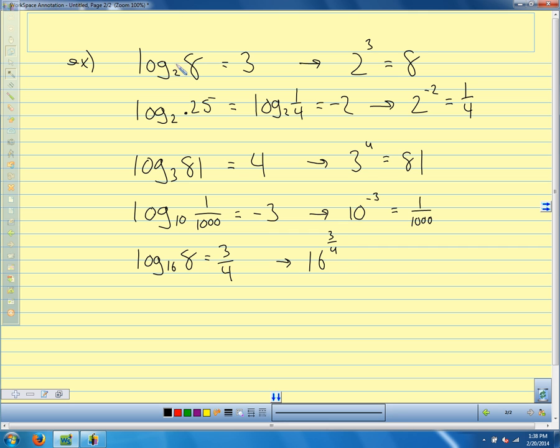All right, so what we've written in this column is called logarithmic form. And in this column, when we rewrote it with exponents, we call this exponential form.